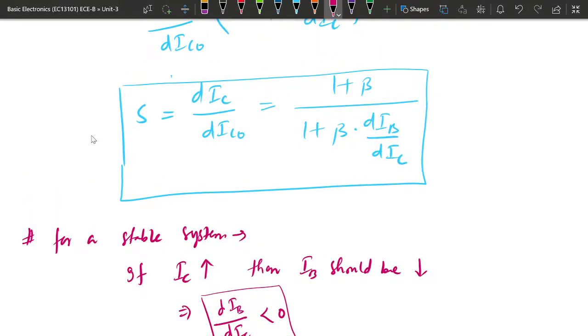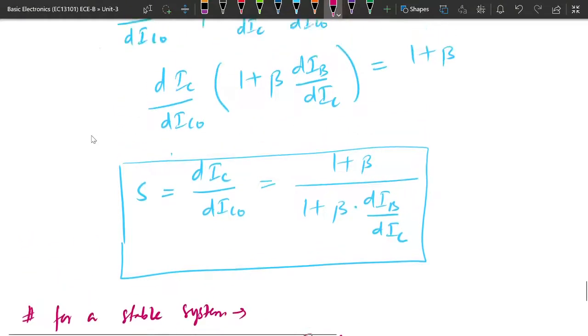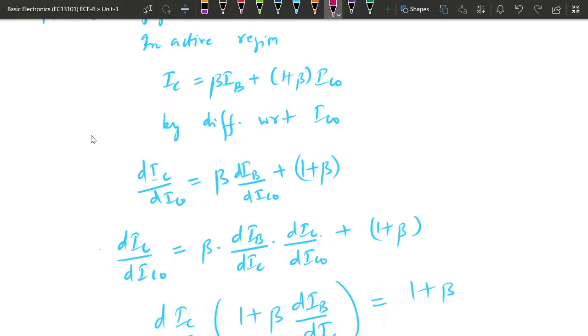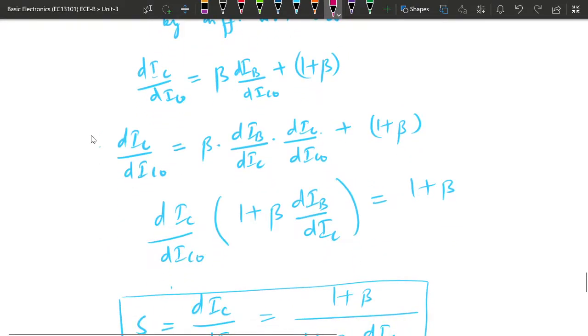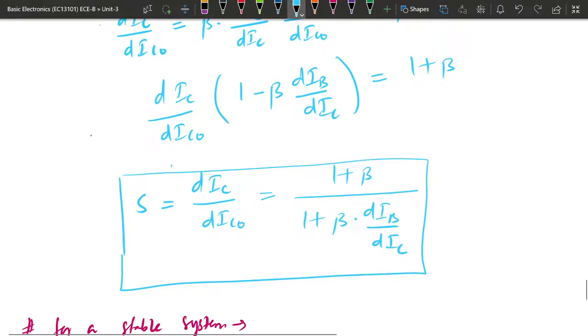By putting the -1 here, the S value comes out to be 1 plus beta divided by 1 plus, just a minute, there is a difference. When we take it this way, it will be a negative, not a positive value. So this will be 1 minus.